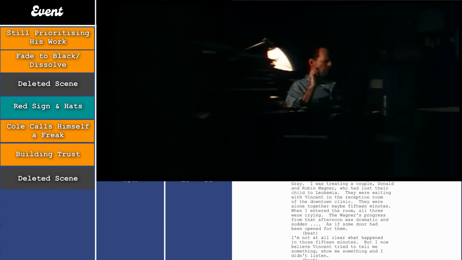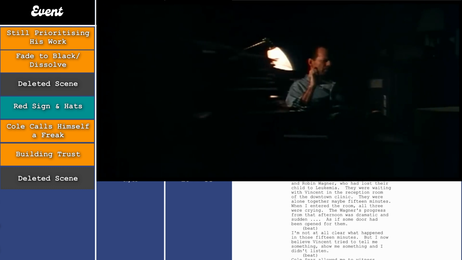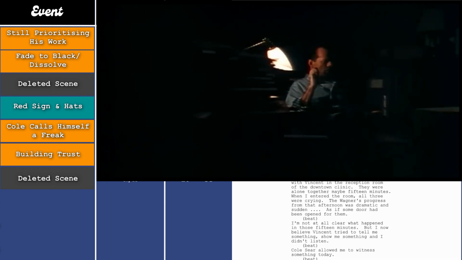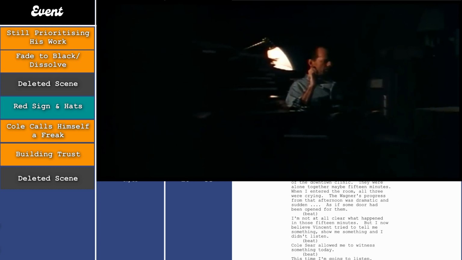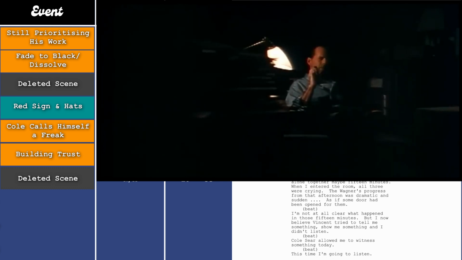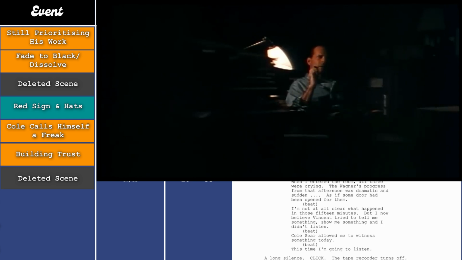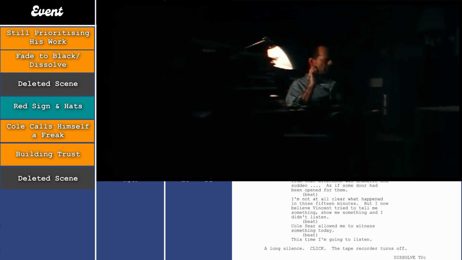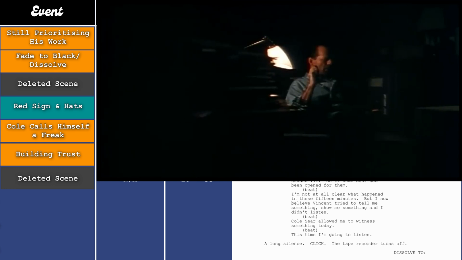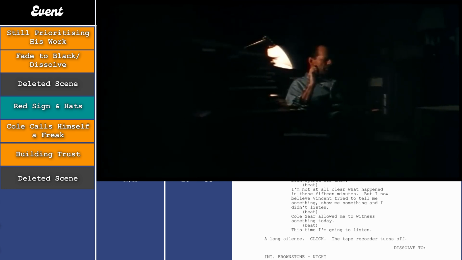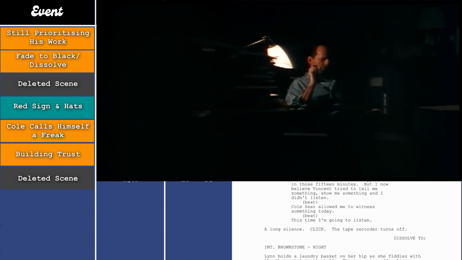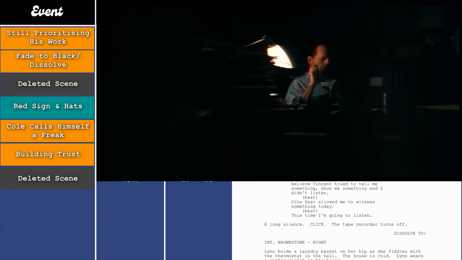The Wagner's progress following that afternoon was dramatic and sudden, as if a door had been opened for them. I'm not at all clear what happened in those 15 minutes. But I now believe Vincent was trying to tell me something, show me something. And I didn't listen. Cole Sear allowed me to witness something today. This time I'm going to listen.